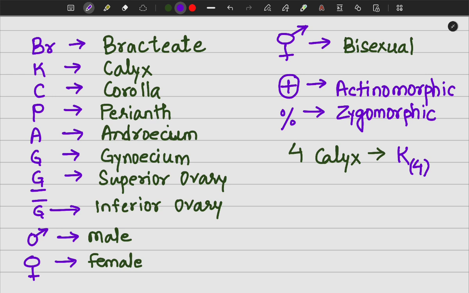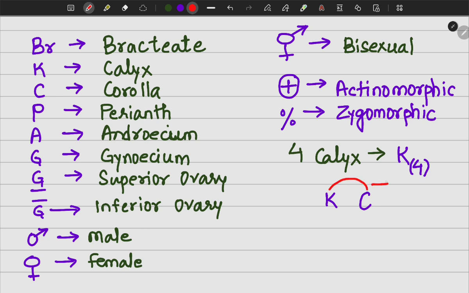Similarly, if calyx and corolla are joined or attached to each other, how is that represented? For that, we will write the symbol for calyx, which is K, and then corolla, C, and then there will be an arc or a line over these two symbols, like this.